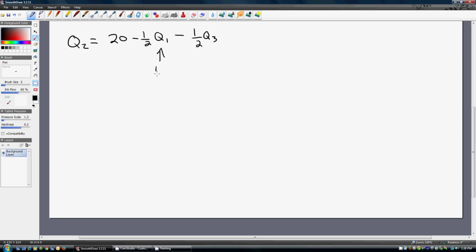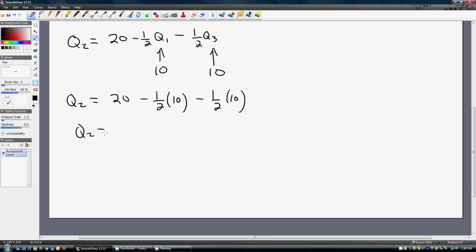And if firm 1 is producing 10 and firm 3 is producing 10, we're going to see that firm 2 will also produce 10 units of output. 20 minus 5 minus 5 is just 10. And it should be no surprise in a Cournot problem, assuming each firm has the same marginal cost structure, each firm will be producing the same output level.